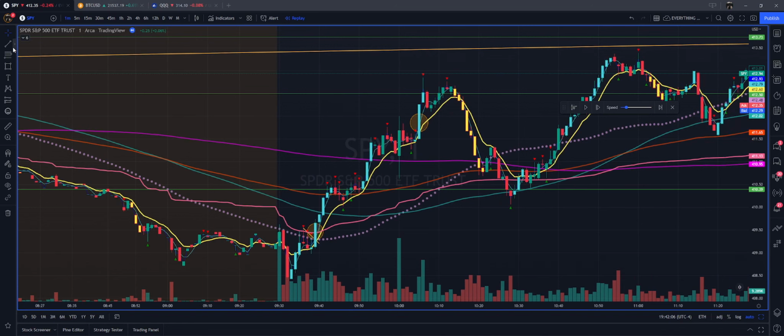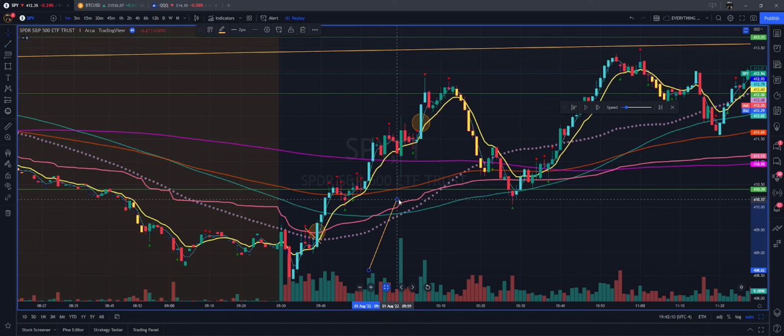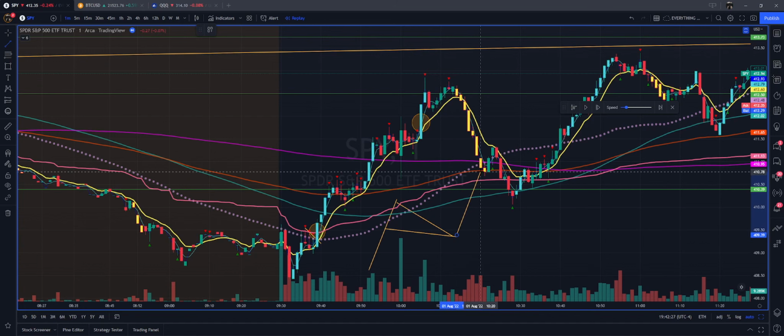So the impulse means the first jump that you see after the reversal signals, right? So we see an impulse, and we will see the flag. The flag is somewhere like this, right? You see the flag. The second impulse is normally as long as the first impulse.